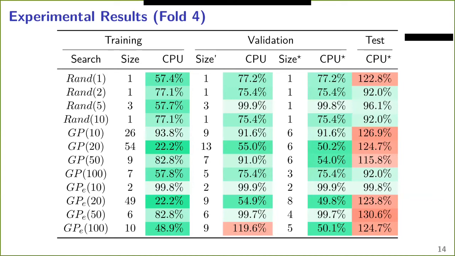One of the GP approaches is almost 5 times faster than the original. On the validation, it's still very good, and it completely fails on the test fold. So two different ways of using your instances yield completely different results.